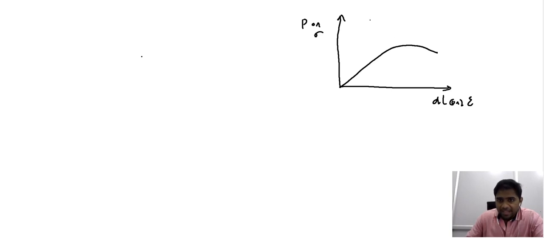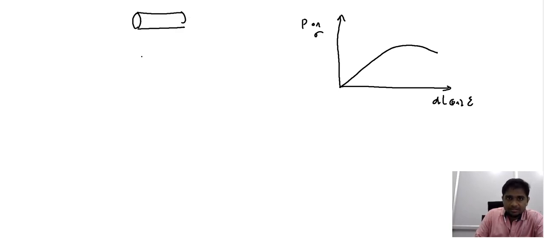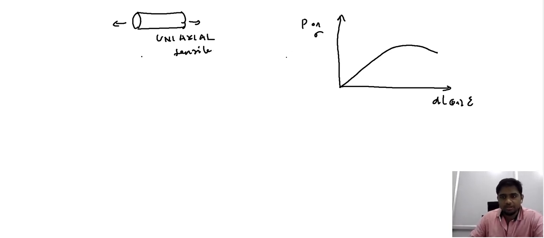Now, when we describe or graphically illustrate the mechanical behavior of metals and alloys using the sketch here, what we inherently assume is that we consider a sample and there is a uniaxial stress that is imposed on it. So we implicitly assume that a uniaxial tensile load or a uniaxial tensile stress is imposed on it.